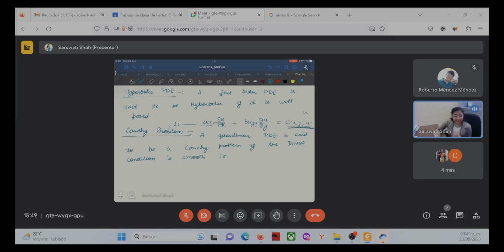So a Cauchy linear partial differential equation is said to be a Cauchy problem if the initial condition is smooth, that is u(x,0) equals u_0(x), and smoothness means it belongs to the class C1.